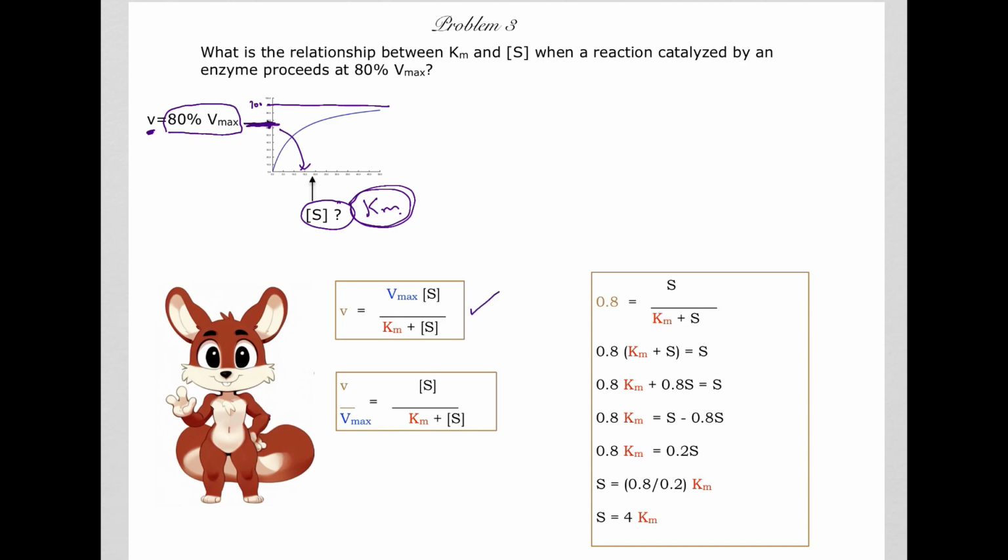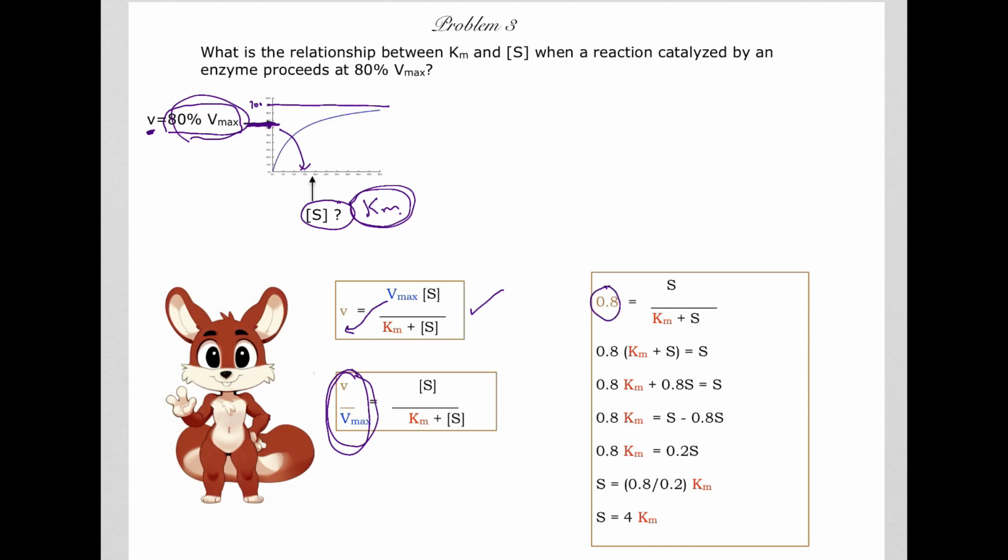So here's the Michaelis-Menten equation once again. We can rearrange this equation, bring Vmax down here, so we get V over Vmax equals substrate concentration divided by Km plus S. So 80% Vmax means V divided by Vmax is 0.8, that's 80%.